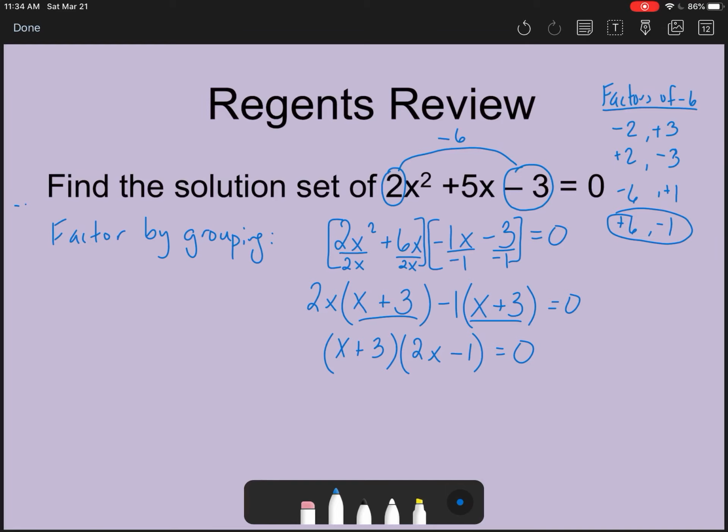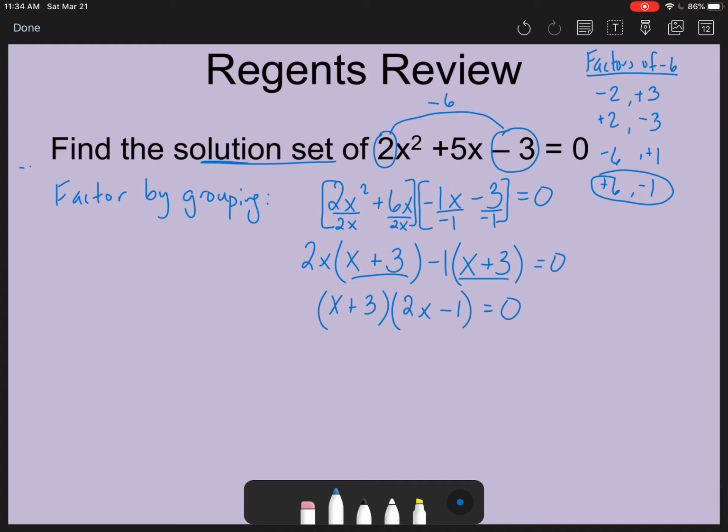Okay, now it's telling us to find the solution set, which means as soon as we're done factoring, we actually have to find the value or values of x. So at this point now, we're going to tee off. Take x plus 3, set it equal to 0.